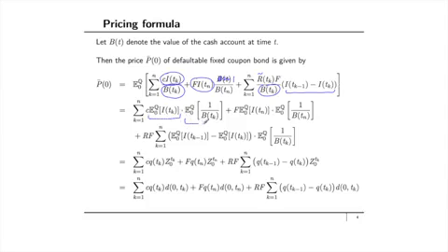The second expectation is just the expectation with respect to the risk-neutral dynamics of the short rate. And this split happens only because I've assumed that the default and the interest rate dynamics are independent. Again, I'm going to split up the next term into two terms, one that corresponds to the default and the other one that corresponds to the interest rate dynamics. And finally, the same thing with the last term: this corresponds to default and this other one corresponds to the interest rate dynamics.